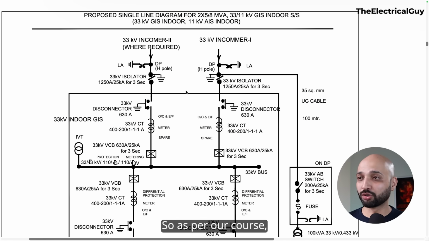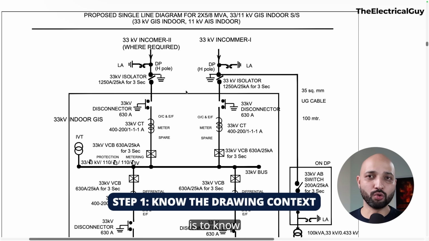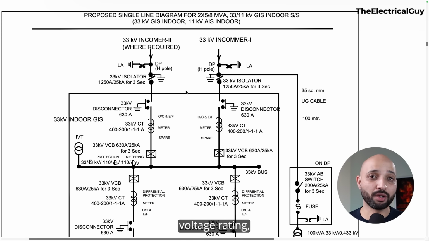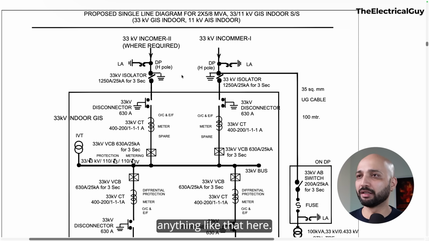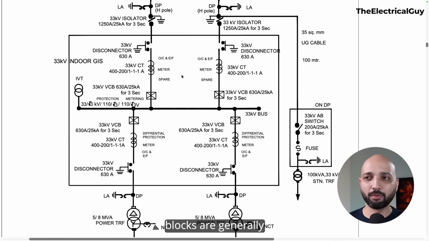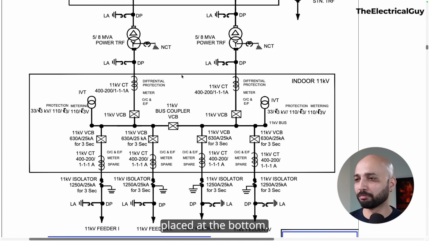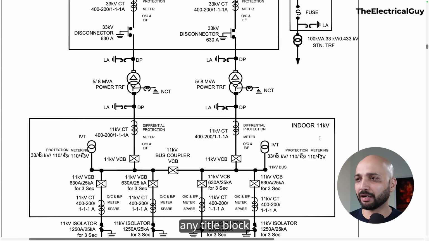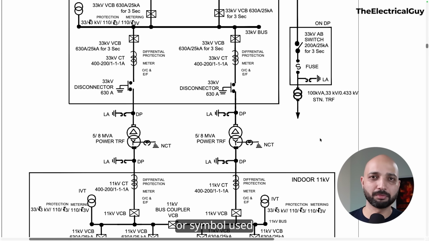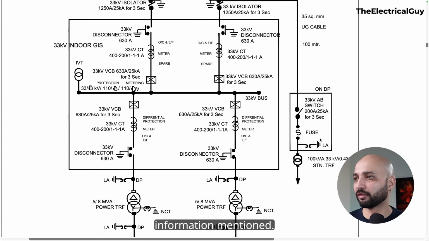As per our course, the first step is to know the drawing context. For that, we have to understand the voltage rating, the title block, drawing revision numbers and things like that. Title blocks are generally placed at the bottom, but unfortunately for this drawing, we do not have any title block or symbol information mentioned.